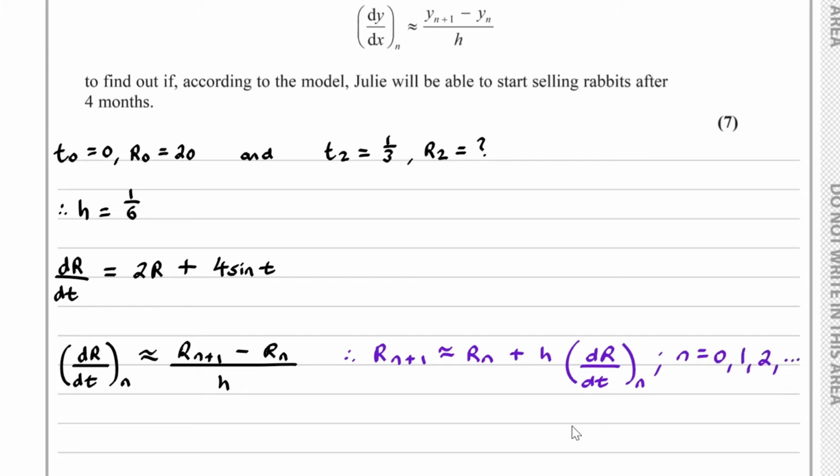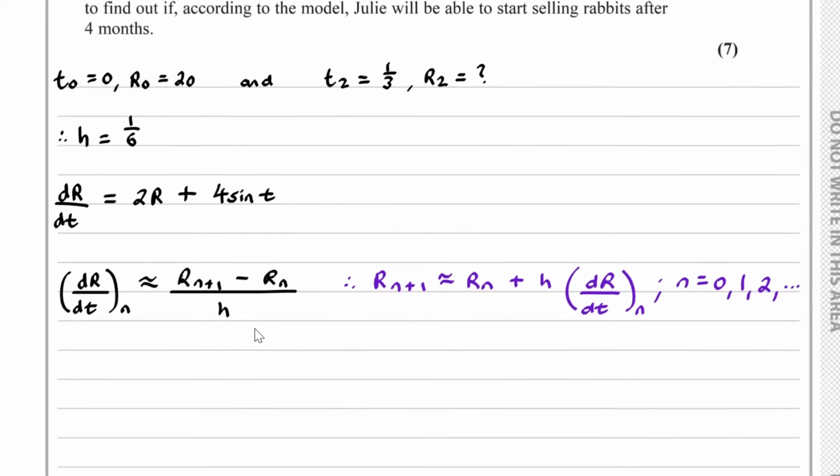Okay, so with this we can actually start to work out our first iteration, but before we do that we need to work out what dr over dt 0 is, and we can do that using this differential equation given.